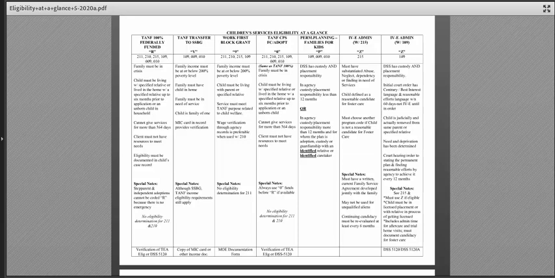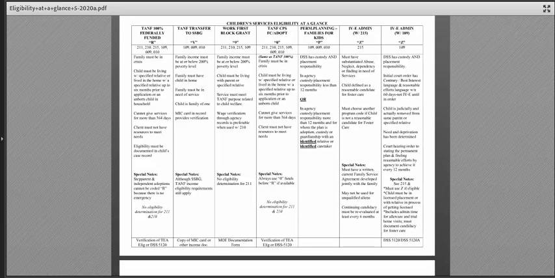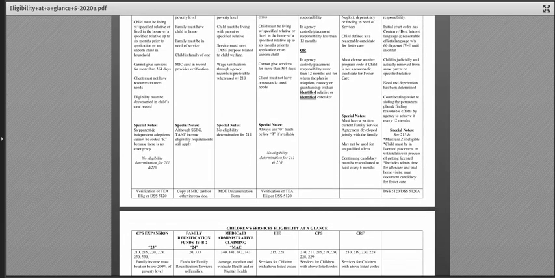They have copies of this, or you can reach out to me or any other member of the eligibility team. The 4E eligibility team for the state can make this available to you. But this is a great cheat sheet for all workers and supervisors to have. Again, it's not all-encompassing, but it helps give you the highlights of what are required for each of the major core child welfare program codes.